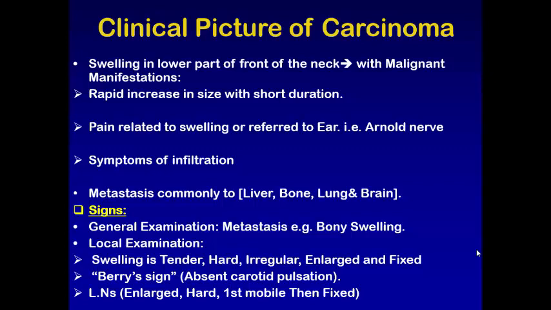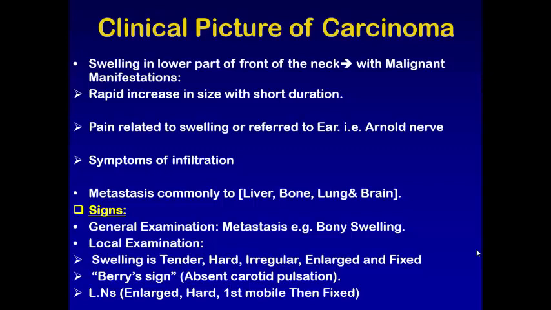What are the signs that can be detected? On general examination, there may be features of distant metastasis to the bone, there may be hepatomegaly, there may be a skull mass.